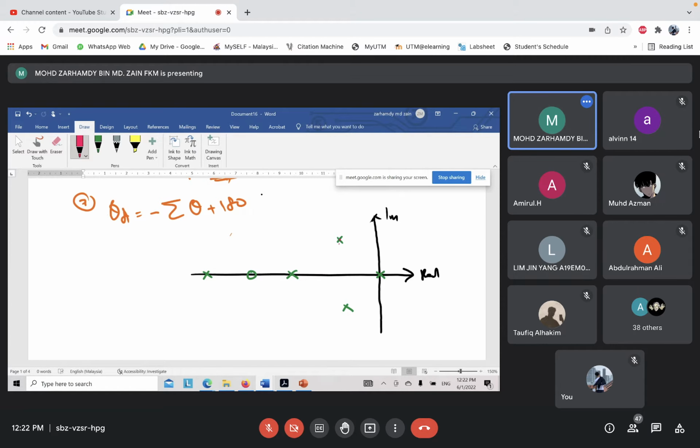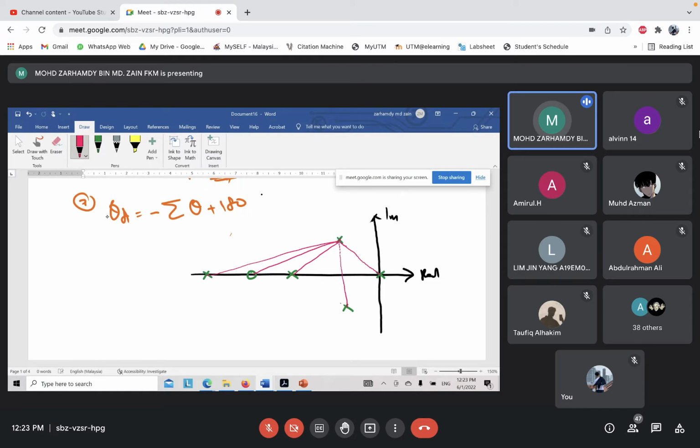So you just align here. For every point you need a line, one line related to each pole and zero. It is not a straight line. You draw these lines very lightly.